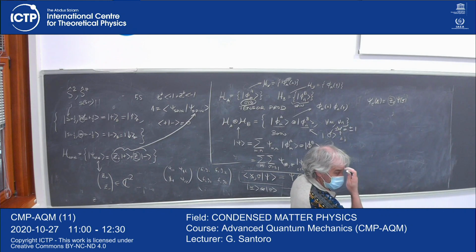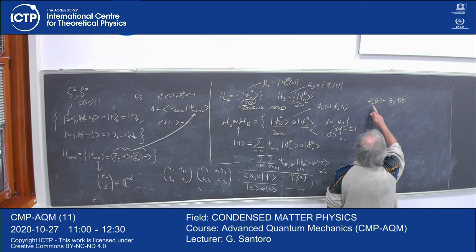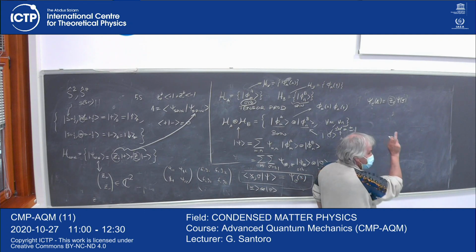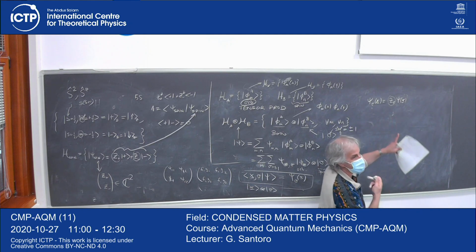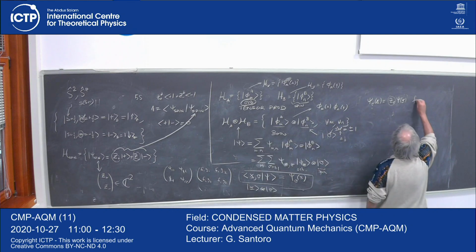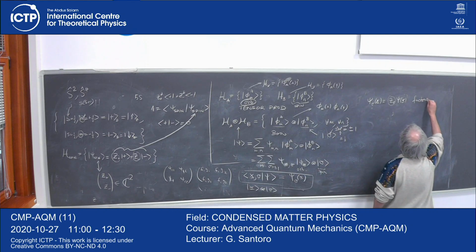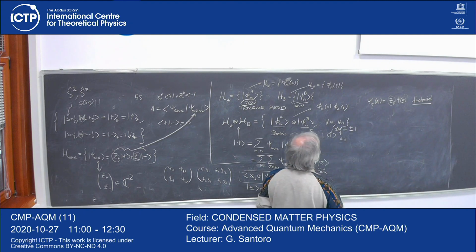You see the difference between this and this, okay? Here the up wave function and the down wave function are very different from one another in principle, while here they just differ by a complex number in front. So this is just the factorized case. Very special, okay? The general case is this.